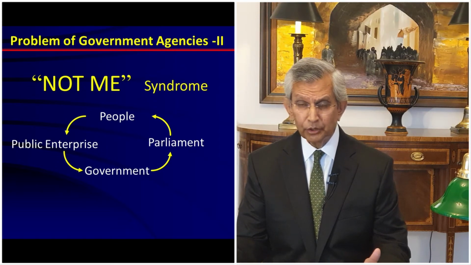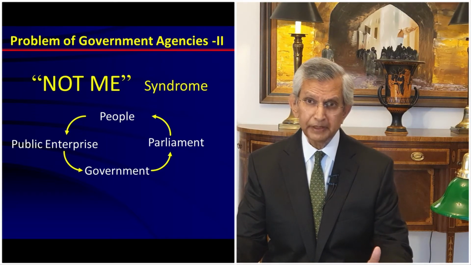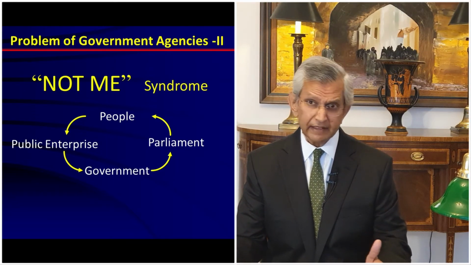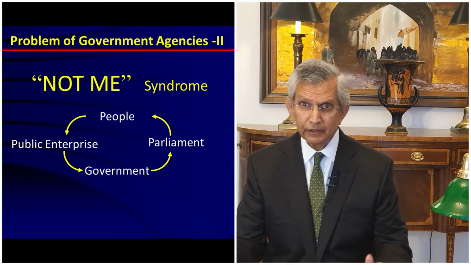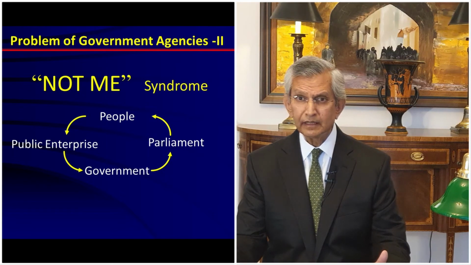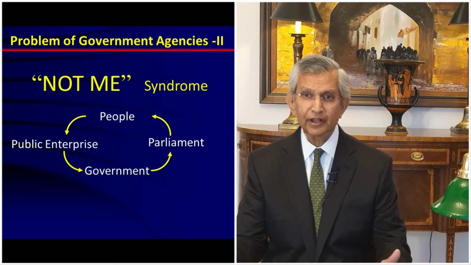And when I go and talk to the parliamentarians and say, sir, can you leave this airline alone and let it be the best airline it can be, as it used to be, so that we can all be proud of? The politicians turn to you and say, what do you mean? It's not us. We are not interfering with the public enterprise. We are only doing what people have asked us to do.